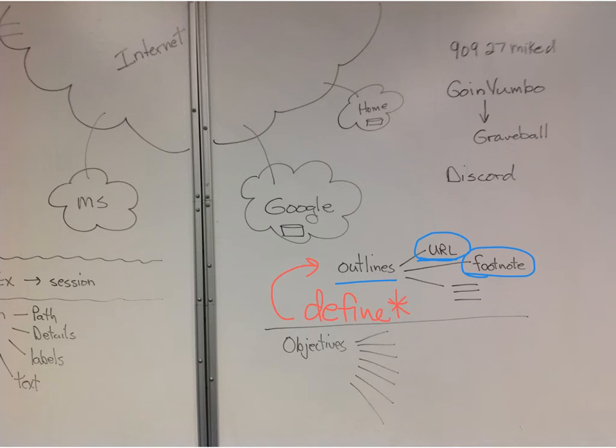So you need to indicate either the URL exactly where you got it, the entire URL, or footnote that. And we've done some demos of that. And you can add other information too. For those outlines, we should read the objectives, and our goal is for you to be able to accomplish the objectives.